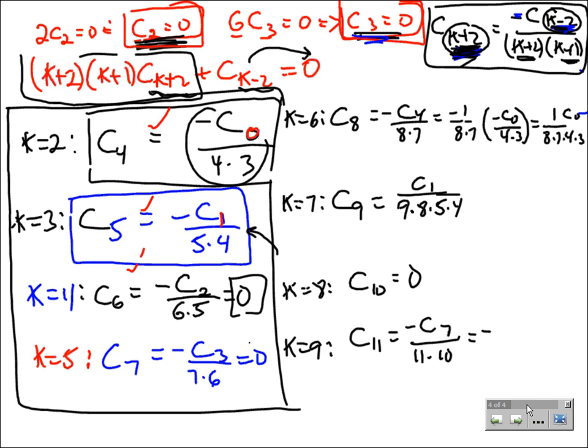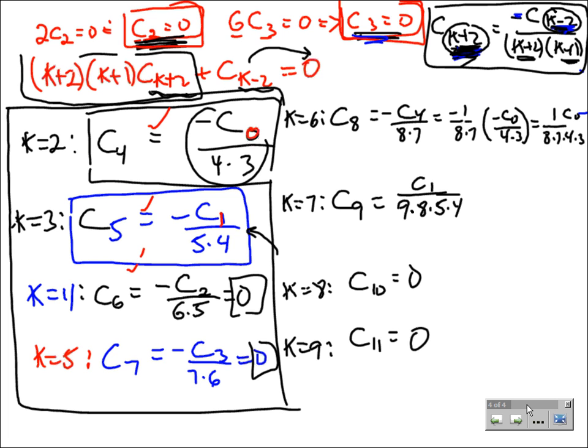Now C sub 7 is 0. It's negative 0 over whatever, 110 or 11 times 10. But the bottom line is it's not 0. And 0, that's 0. And you're dividing it by a non-zero number, you get 0. C sub 11 is 0.